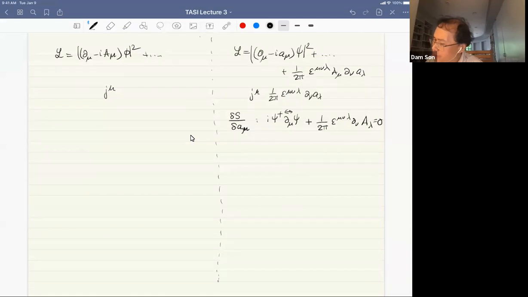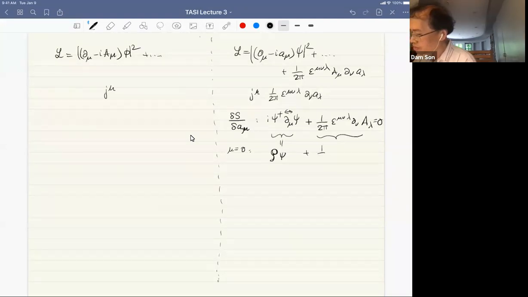So this one, let me put mu equal to 0, for example. This one would now be the density of the psi quanta, the U1 psi quanta. But this mu equal to 0 is the magnetic field. So the number of psi quanta is the number of magnetic flux.